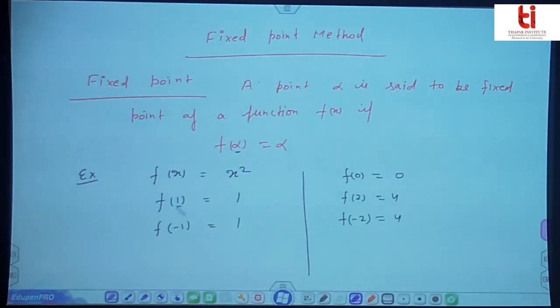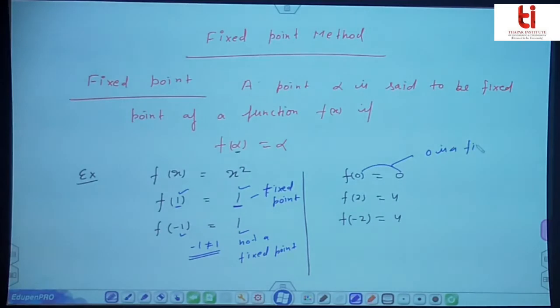Fixed point is whenever the input and output are the same. So this is a fixed point, because the input and output are both the same. -1 is not equal to +1, so alpha is not the same, not a fixed point. Both are same, 0 is a fixed point. Here no. So 2 and -2 are not fixed points.